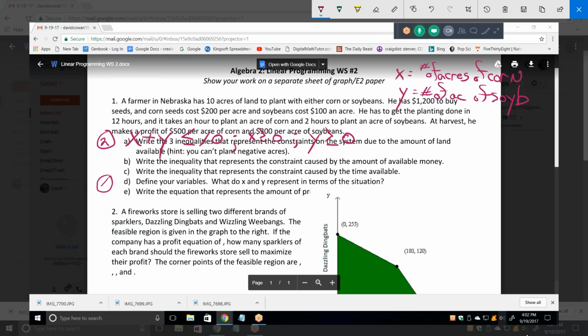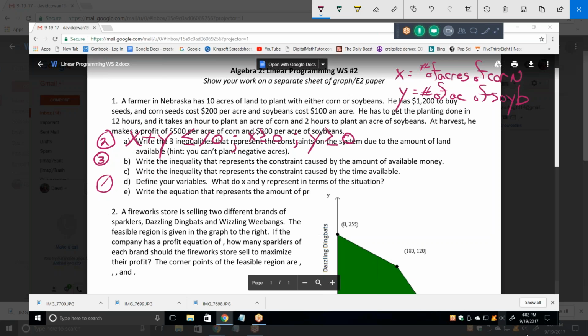So that answers A. All right. Next thing we want to do, in order of priority, you really can't solve this in the order that they ask. Notice that I can't write these 3 inequalities unless I have already defined my variables. You have to define your variables first.